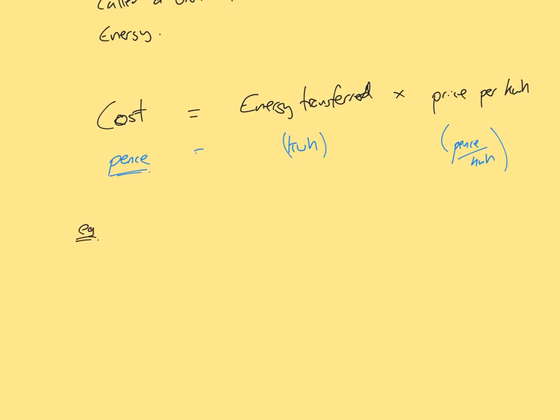So, quick example. Let's have a toaster which has a power rating of 2 kilowatts, and during a month it's used for a total of 3 hours in a month. People have a lot of toast.